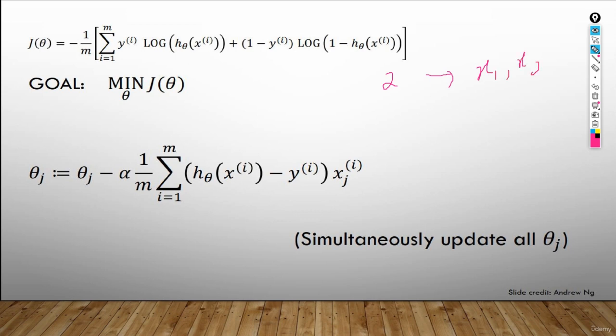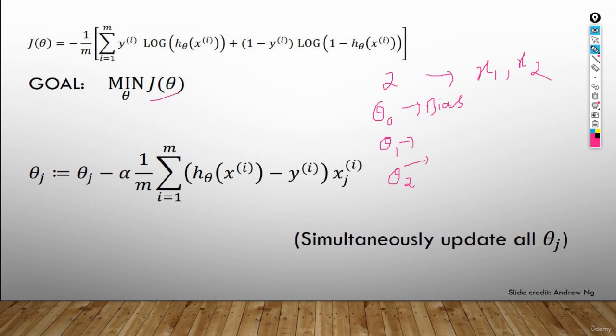In that case you have to optimize three parameters. The first one is theta naught, which is nothing but a constant. You have to also update this bias using the gradient descent approach. Similarly, you have to update theta 1, which is associated with x1, and theta 2, which is associated with x2. For each of these you will apply gradient descent.